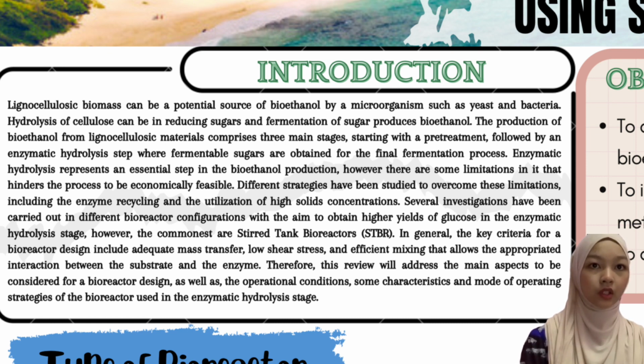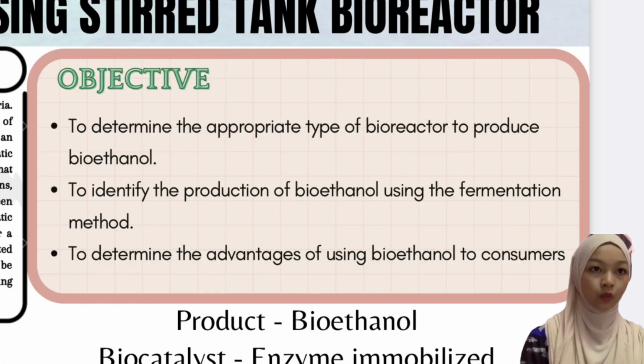Several investigations have been carried out in different bioreactor configurations with the aim to obtain higher yields of glucose in the enzymatic hydrolysis stage. However, the most commonly used is the stirred tank bioreactor. Then we have three main objectives for our project.